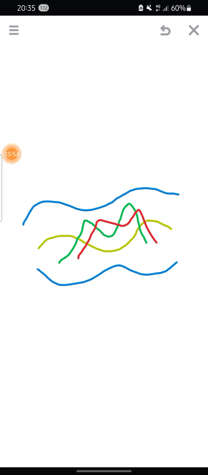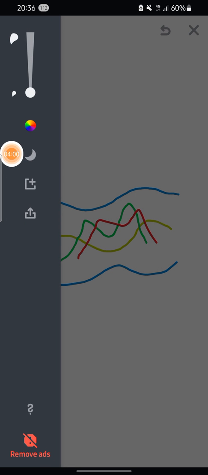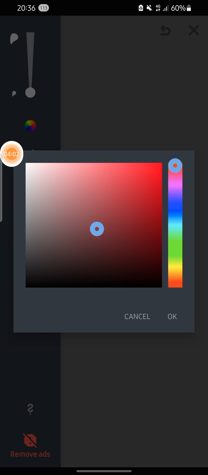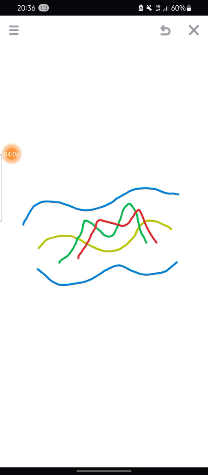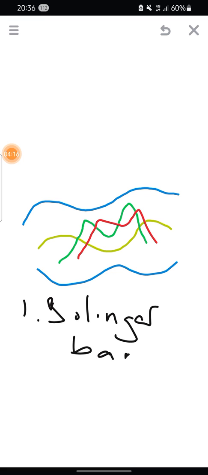So we said we have one, the Bollinger Bands, which are in blue.